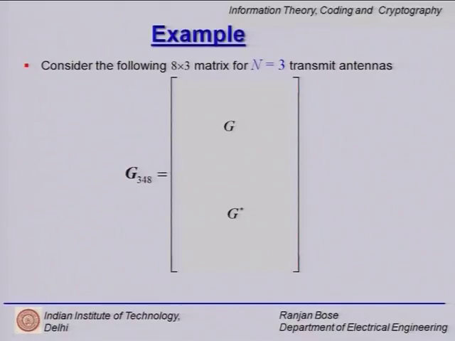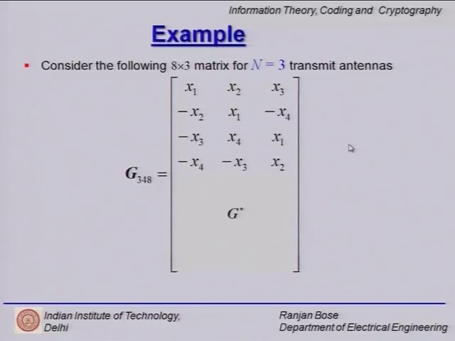Let's take a very quick example. We would like to consider a 3 antenna system. There are 3 transmit antennas, so n is equal to 3, and we would like to construct a generalized complex orthogonal design using a real orthogonal design. So what we need to do is put the first G here and G star here.